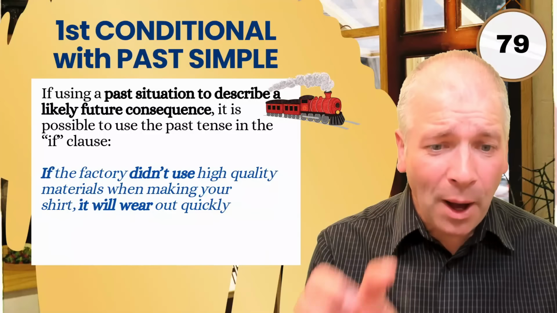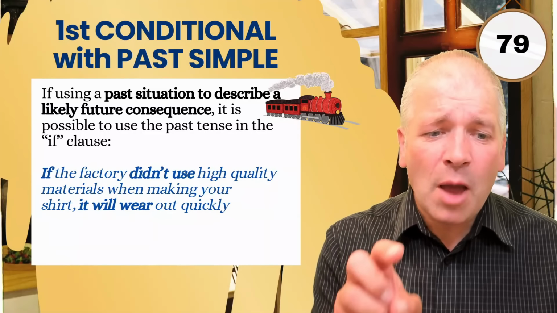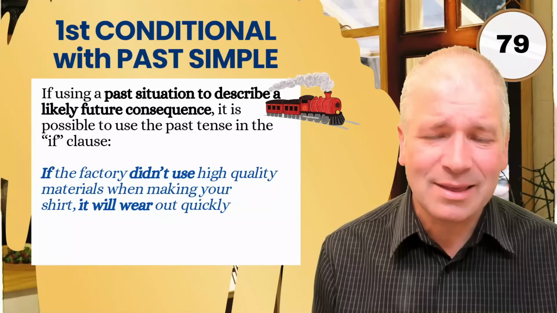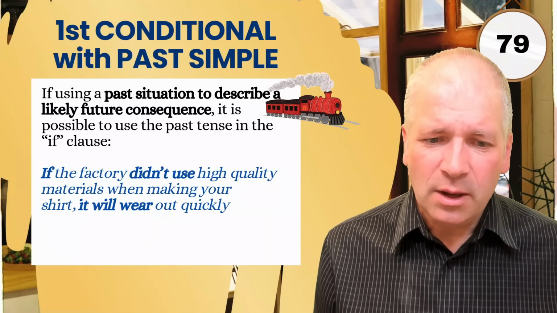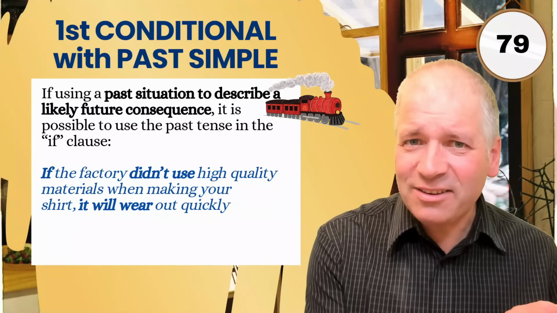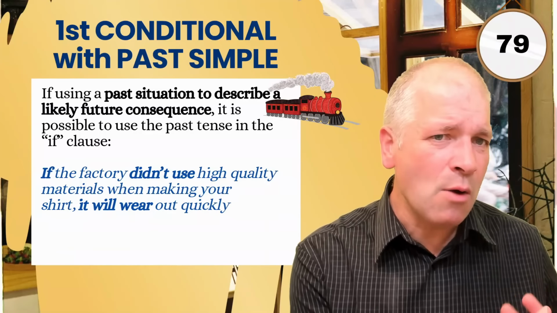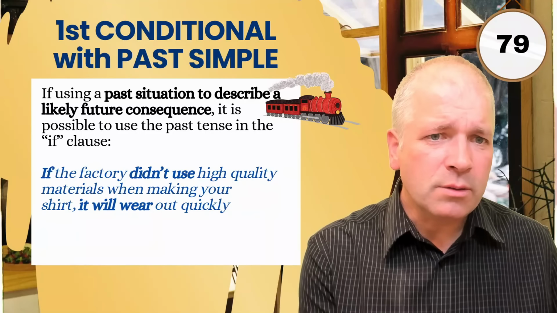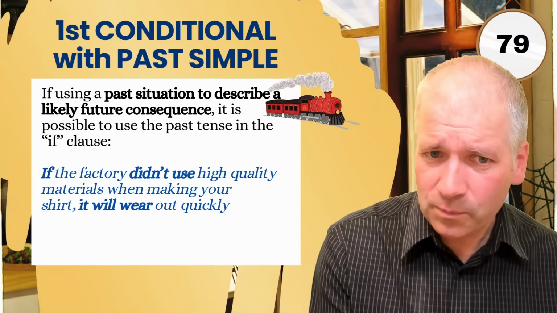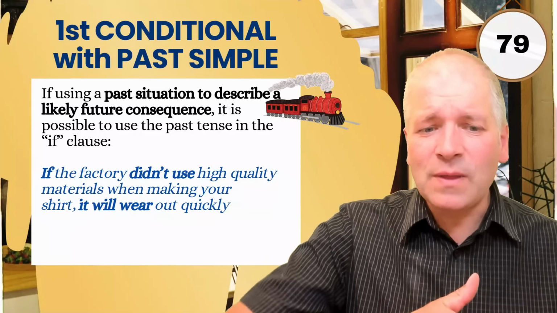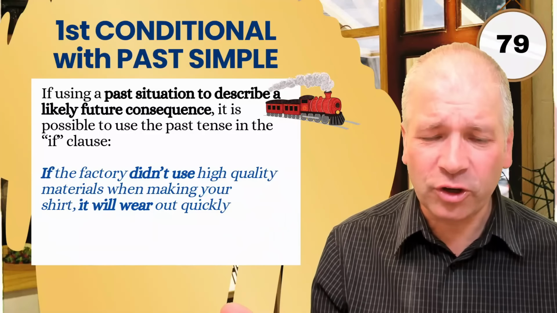If using a past situation to describe a likely future consequence, it is possible to use the past tense in the if clause. So here we are speculating about something in the past and we don't know what happened. So we're imagining if this past situation was true, which we don't know about, then that would lead to the future consequence.